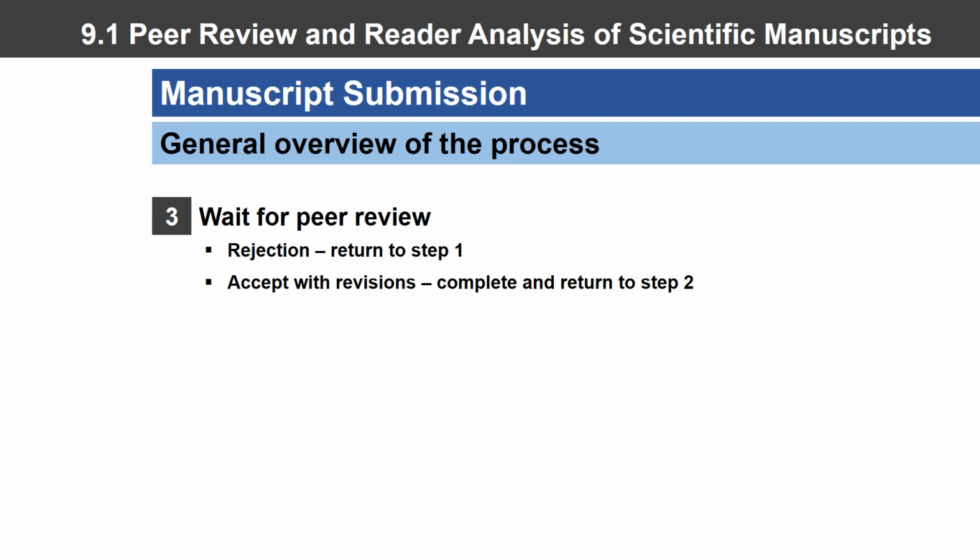Another potential outcome of peer review is one for medium level of celebration, acceptance. The peer reviewers thought, yes, it meets everything we want, except we require you to do some revisions.